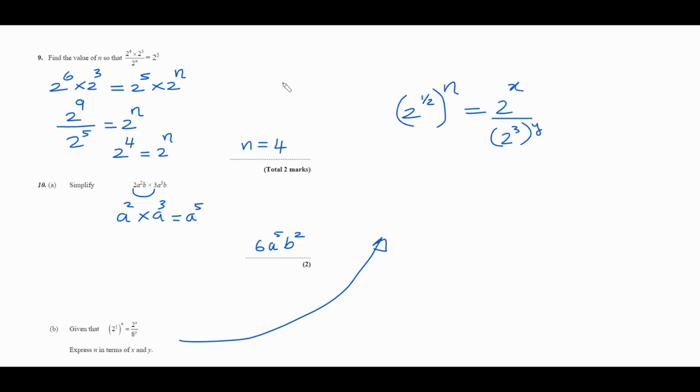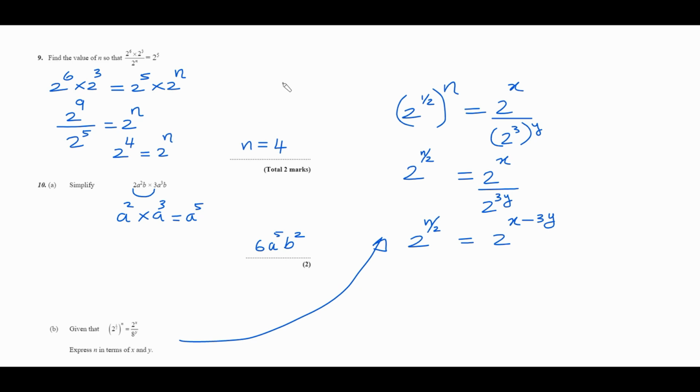So power to the power is multiply. So 2 to the power half times n, so n over 2, equals 2 to the power x over 2 to the power 3y. So 2 to the power n over 2 equals 2 to the power x minus 3y.